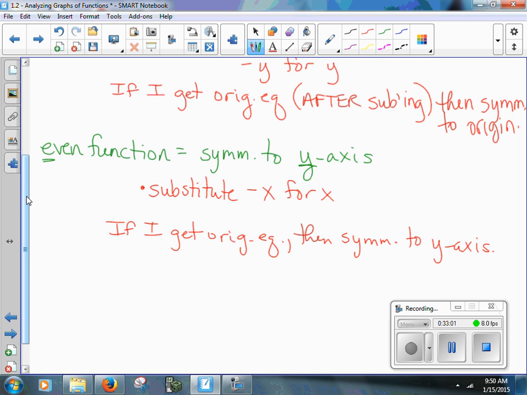If it's symmetric to the y-axis, what's the opposite of x? Negative x. So I'm substituting negative x in. And then I have to determine it can be neither, which means it's symmetrical to the x-axis.